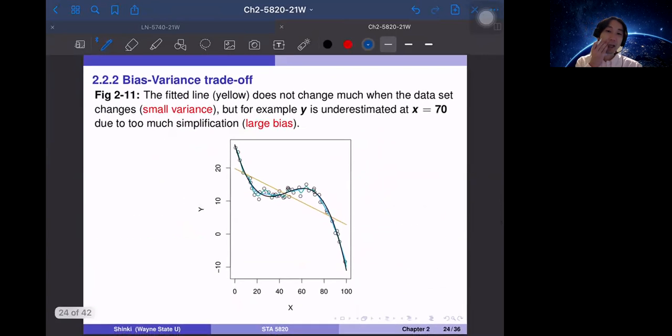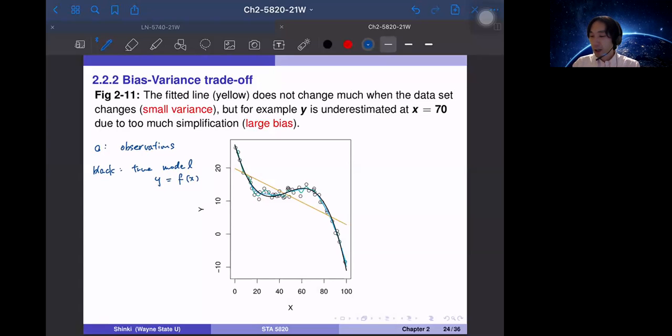Okay, so this is maybe an easier example to see. We have three lines here and many circles. The circles are observations, we can say x1, y1 to xn, yn. And the black line is the true model, so that is y is equal to f of x.